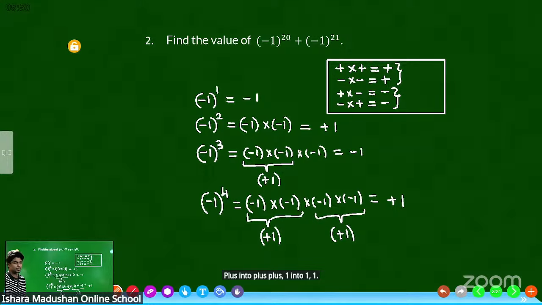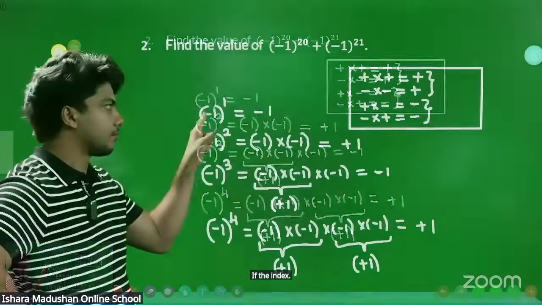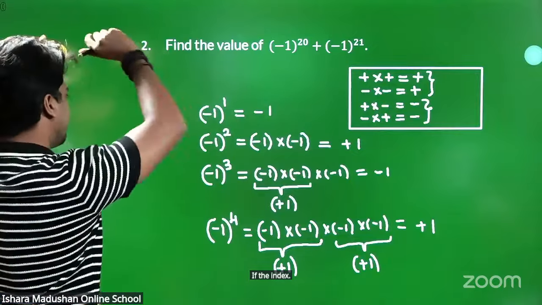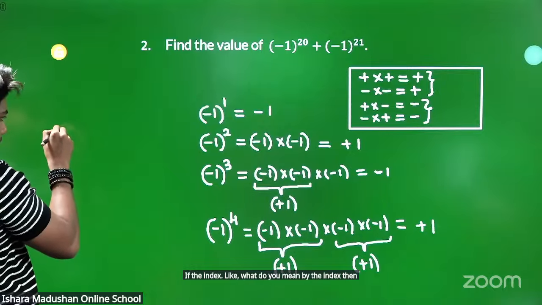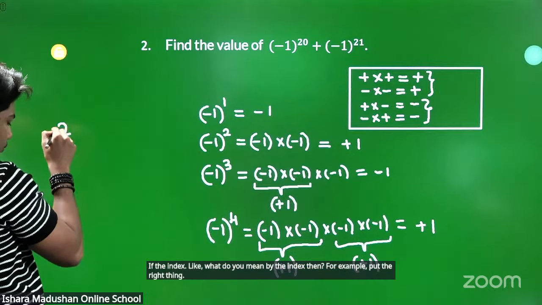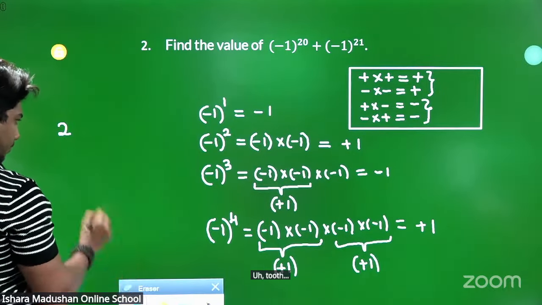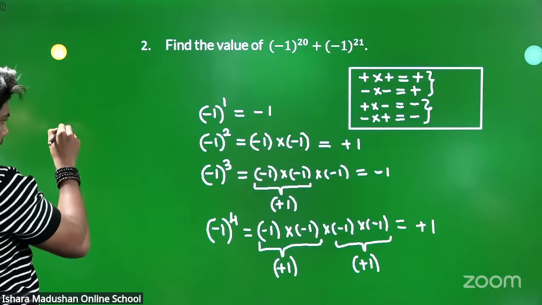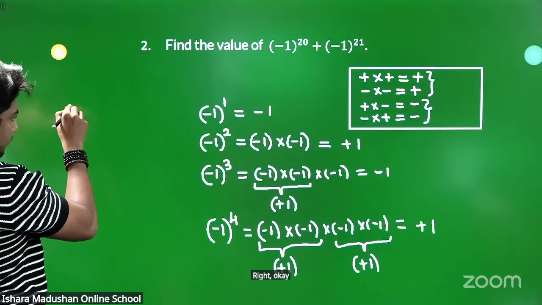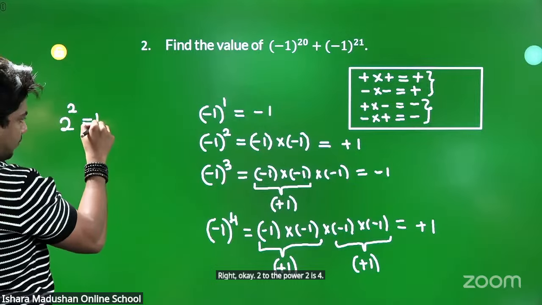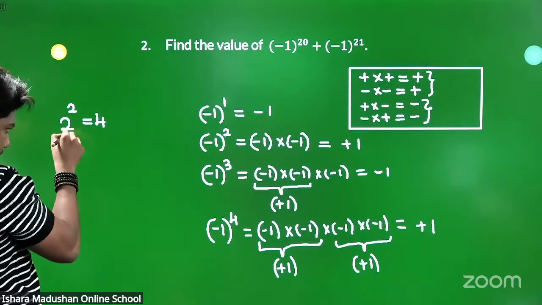Now you got the point. What do you mean by the index? For example, 2 to the power 2 is 4. This we call the base.